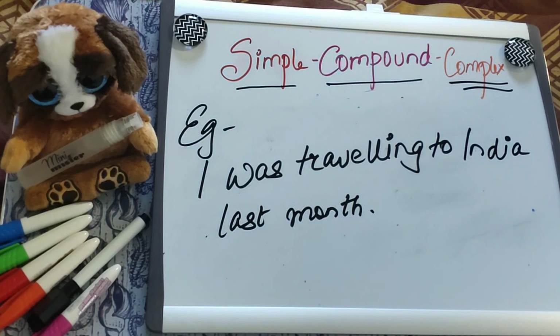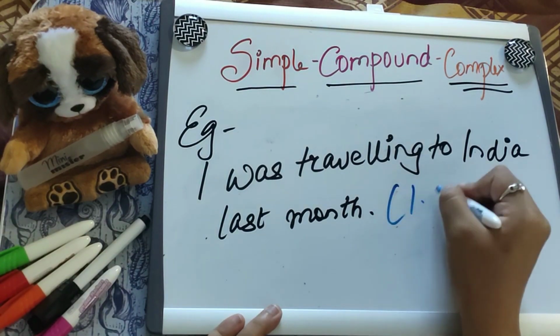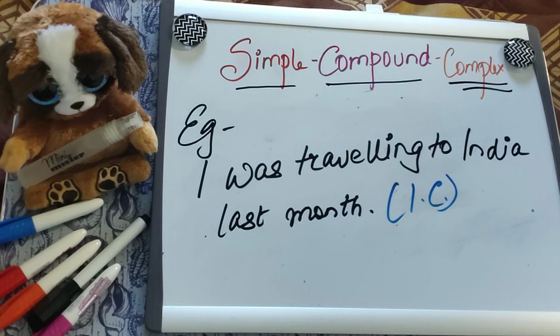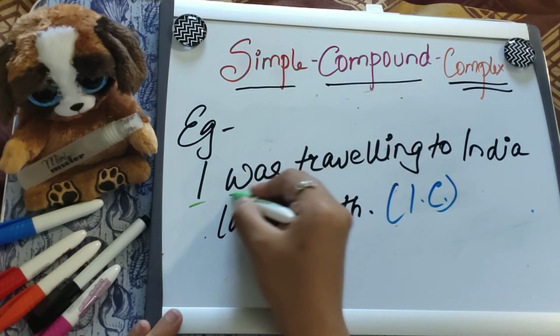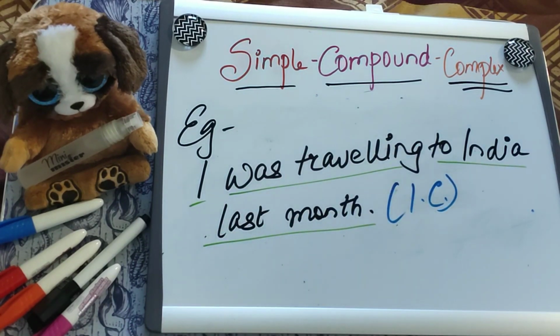So that is an example of an independent clause, an IC, short for independent clause. And here you will be finding the subject, the verb, and a complete thought. That makes complete sense. If I put the sentence as is, it will be the same: yeah, I was traveling to India. That's what we are trying to say.